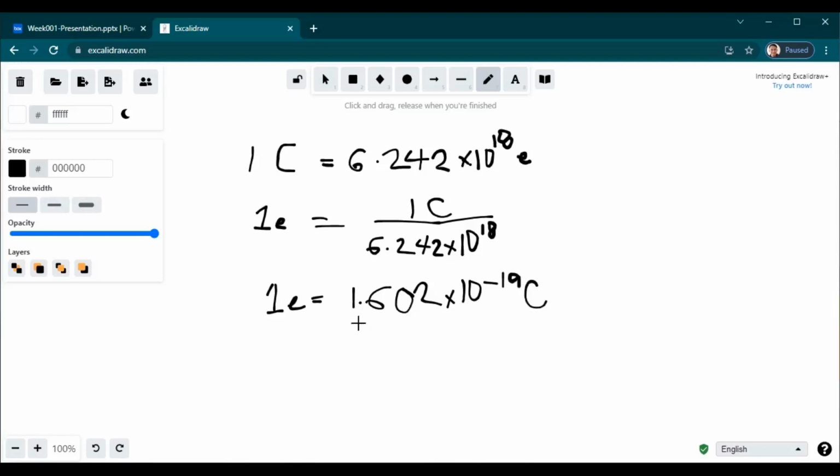So this is how much charge 1 electron has, and this is how many electrons 1 coulomb has. Okay, so that's the relationship.